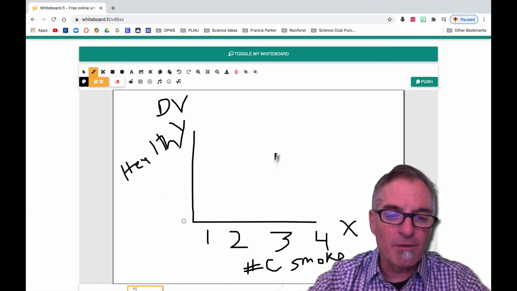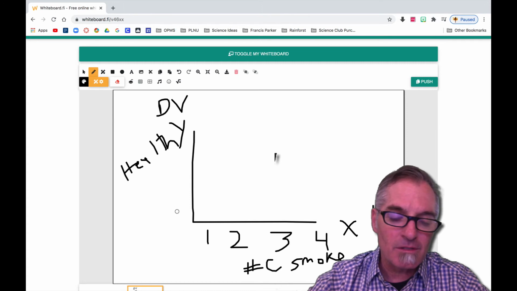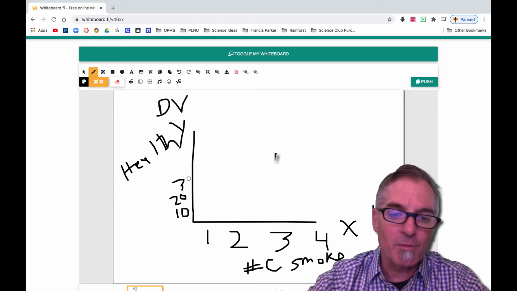So how could we measure the health? Maybe we're looking just overall, we have a rating system, and this one looks 10% healthy. This one looks 20% healthy. This one looks 30% healthy.